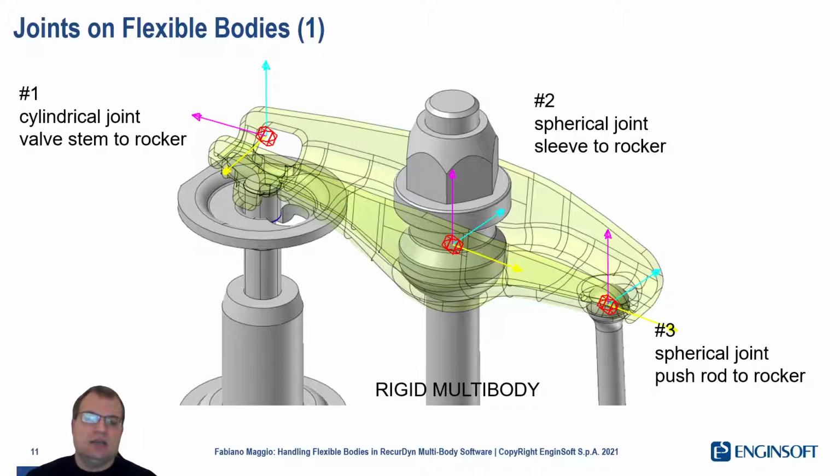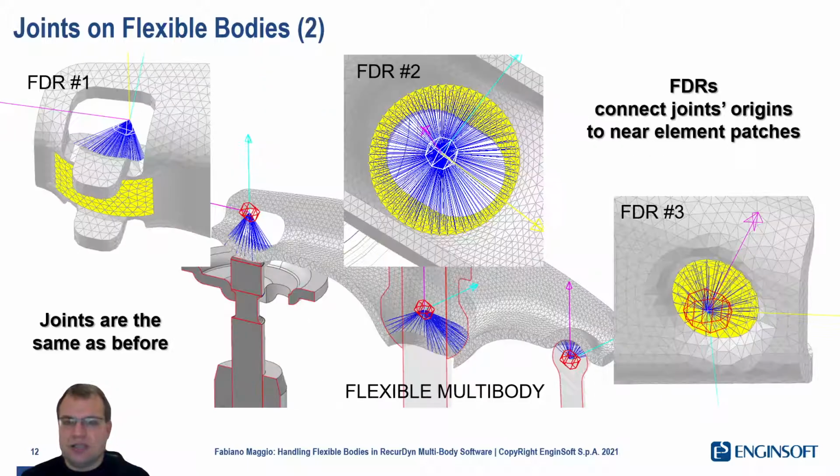In this case, we are starting from this rocker that is connected to the valve and to the connecting rod through 3 joints. So we have 3 spherical joints, and 3 spherical joints means 3 precise coordinates for the joints. How can we make these connections if we convert the rocker to flexible? And this is what I mean with FDR.